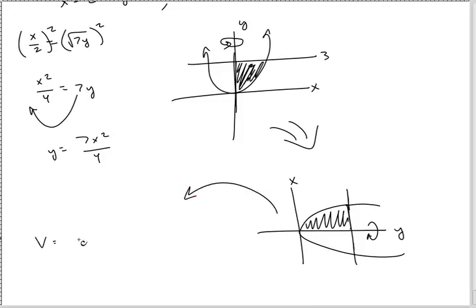My volume would be pi integral from 0, that's obviously 0, to, what's this right here? Well, it's 3. And then I now need to find top and bottom. Bottom is super easy, 0. My top is going to be blah, blah, blah in terms of y, because these right here, 0 and 3, those are y values.